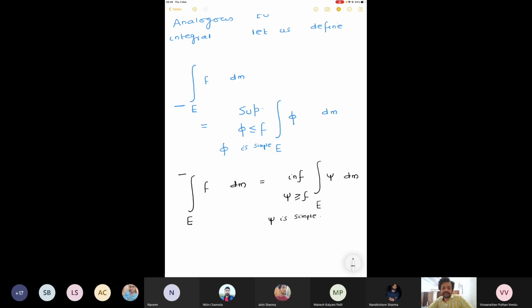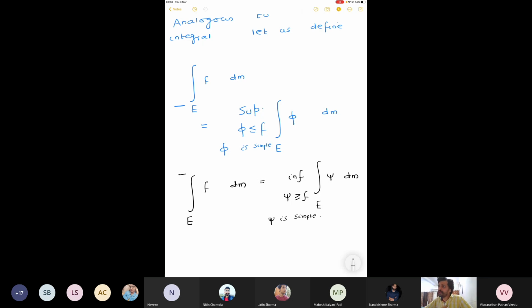Is that clear? Yes, sir. Do you see that it is exactly what we have done in Riemann integration? Instead of simple functions, you took the step functions with the steps as infimum and supremum, small m_k and capital M_k.